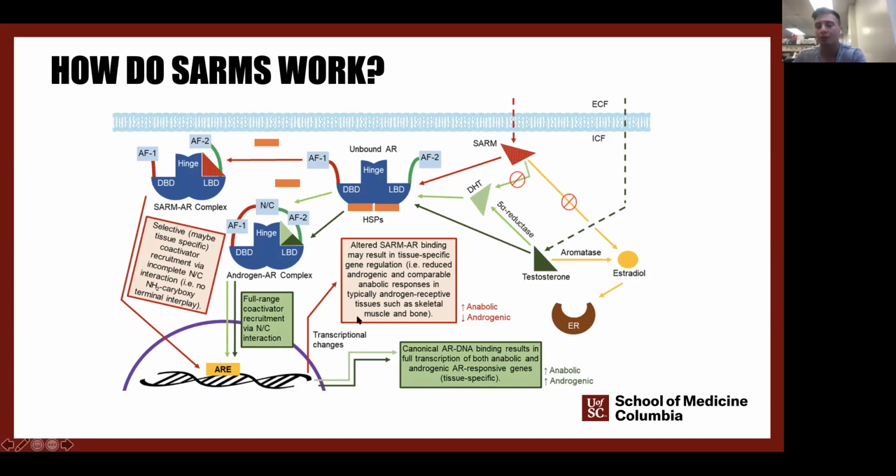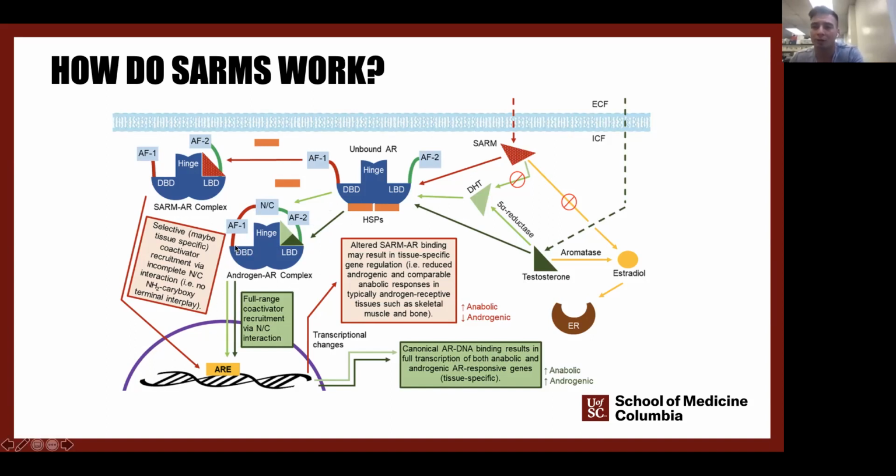We can talk about the different domains and aspects of the androgen receptor. We have the ligand binding domain, the DNA binding domain, and the hinge region. Within these domains, we have specific regions called the activation function regions, AF1 and AF2. AF2 is one of the big guys in facilitating androgens and SARMs interacting with the androgen receptor and causing that conformational change.